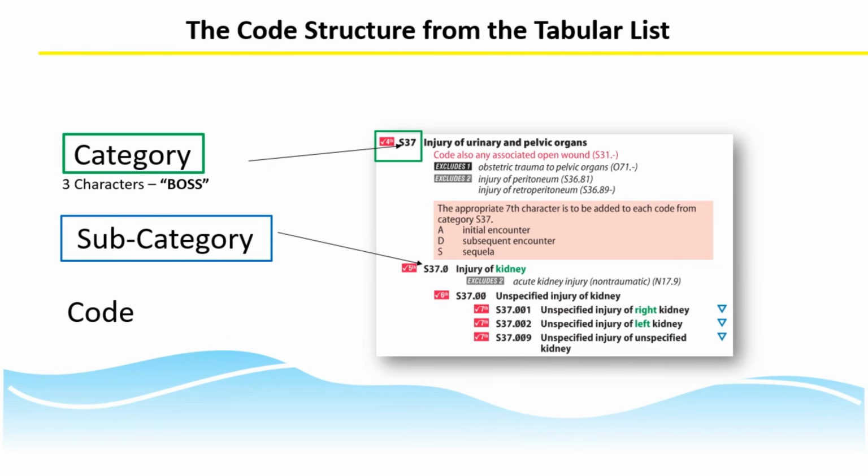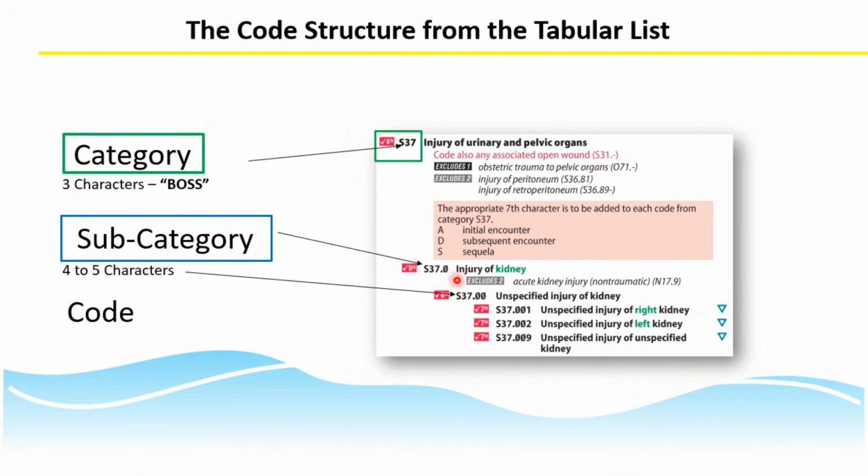This is your subcategory, and your subcategories are more specific than your categories. Look, S37.0, underneath the category of injury of urinary and pelvic organs, we get more specific. We're naming that urinary organ. Injury of kidney, indeed, is more specific than the category code.